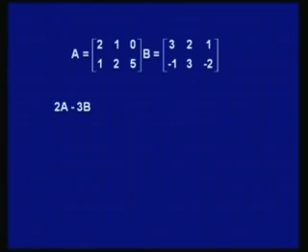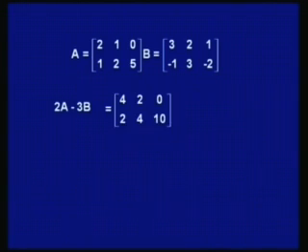Now I take another example where I consider A as a 2 by 3 matrix and B as this 2 by 3 matrix, then 2A minus 3B. 2A is a matrix obtained by multiplying every element of the matrix A by 2, that is 2A is 4, 2, 0, 2, 4 and 10. Minus 3B means each element of the B matrix is multiplied by 3.